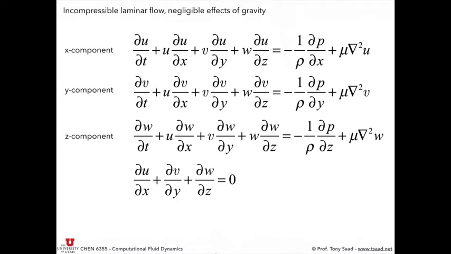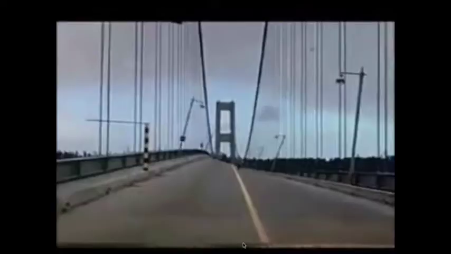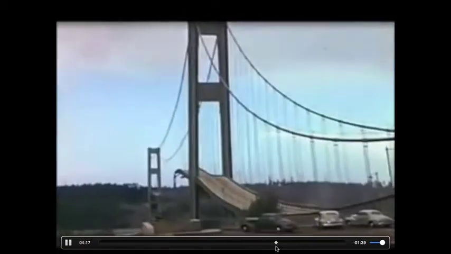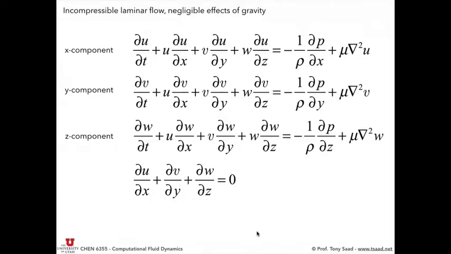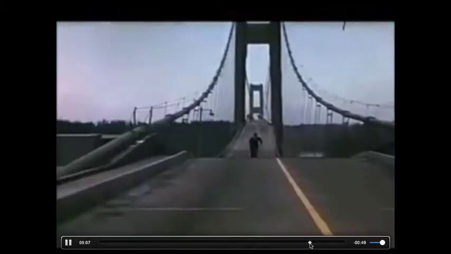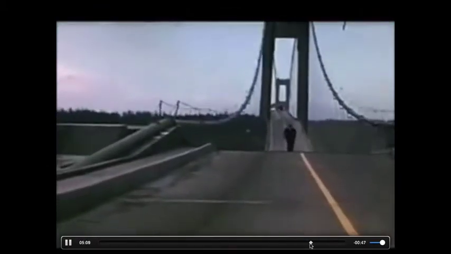And it keeps doing this for a while. It's a long video. Look at that. Oops, sorry. Okay. I'm going to try to go to the point where it just collapses. Anyway, history, this bridge collapsed because of complex fluid flow.